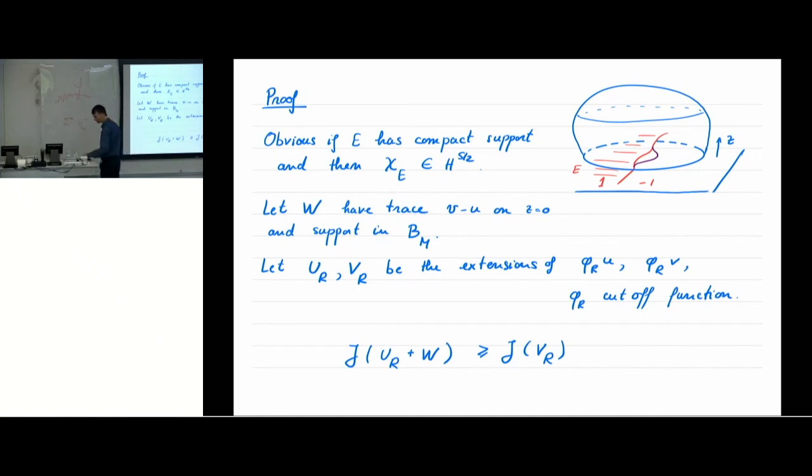What is interesting is that, maybe this is the last thing I'll say. When I look at this extension problem, this is sort of the bottom. Here is the set E, where I have value 1. Here is the complement, where I have -1. I have a function defined around.